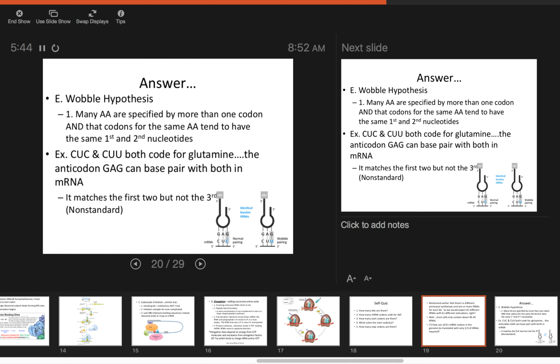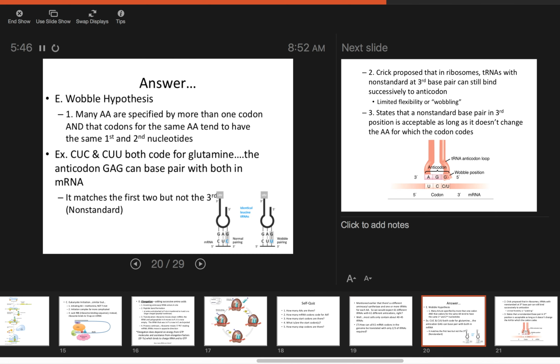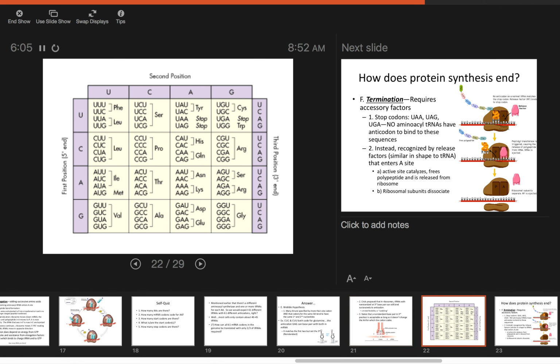Well, I don't know if you've noticed it on your first assignment Friday, how when you were trying to figure out the amino acid sequence, if it matched the first two, the last one really didn't matter. So you notice here we have UUU and UUC, and both of these code for phenylalanine.